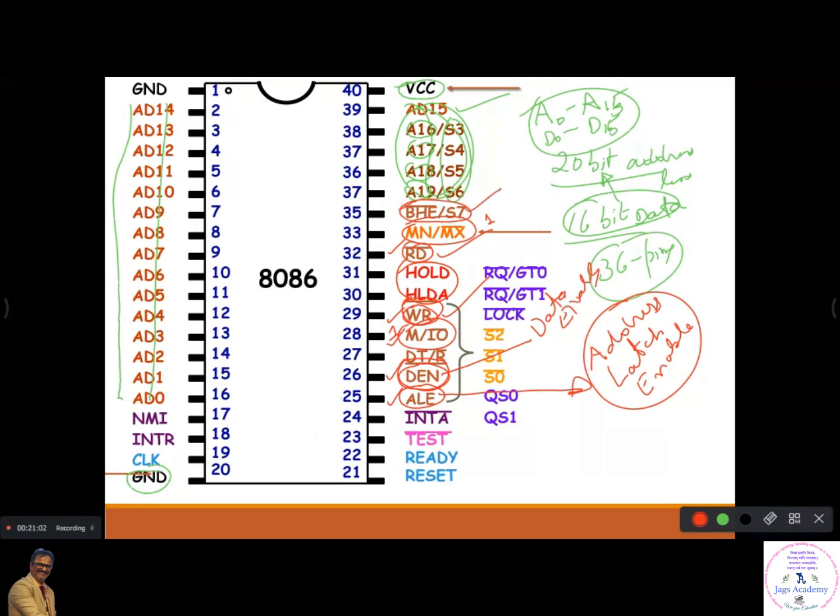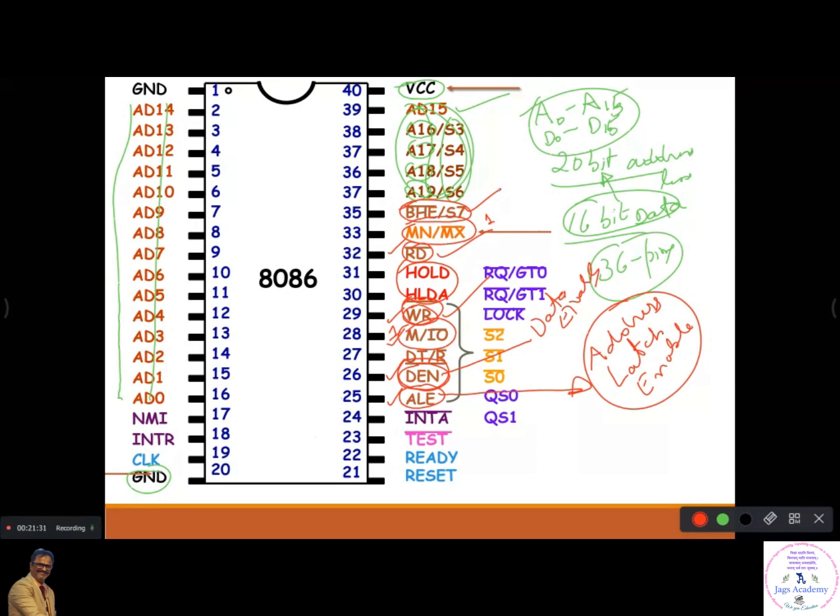See, this microprocessor has 16-bit data, right? It can be divided into two 8-bit data. So whenever you use the entire 16-bit data, you are occupying the entire 16-bit data bus.